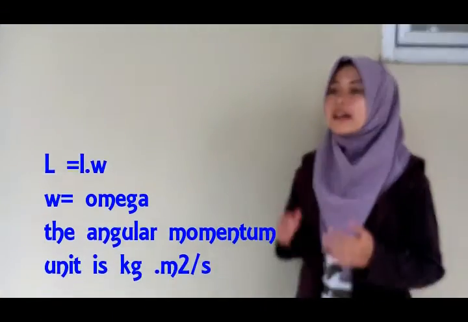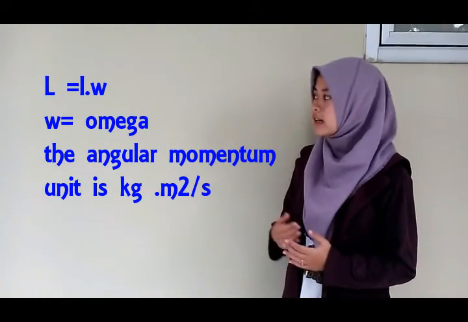And ta-da! This is the formula of angular momentum: L equals I multiplied by omega. And the angular momentum unit is kilogram meter squared per second.